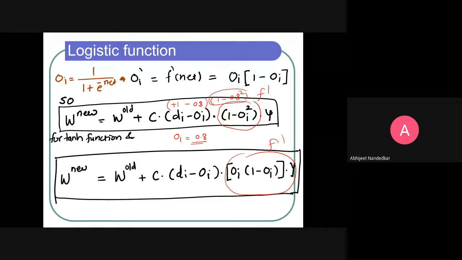So this is its f dash value, into input, say y. The only thing is you have to compute this extra term 1 minus o square. If you use a tanh kind of function or logistic kind of function, you have to make these changes accordingly.